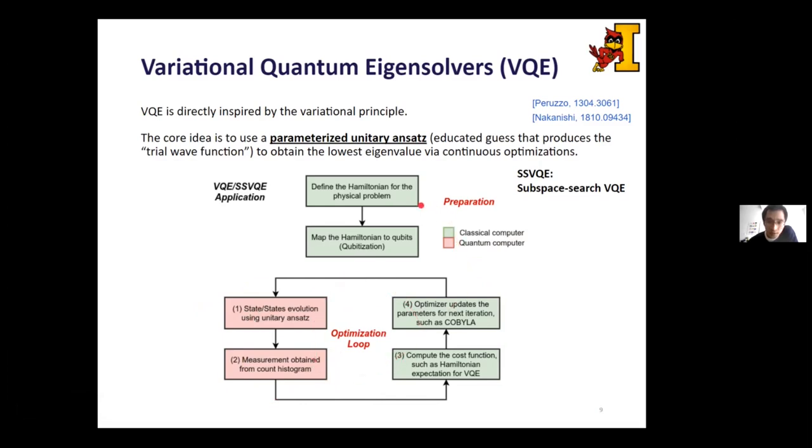In the first part, the preparation of the problem, we define the Hamiltonian for the physical problem, and we map the Hamiltonian to qubits. This part you can do beforehand. In the actual VQE algorithm, in the first step, we use the unitary ansatz to evolve our initial state. This is done on the quantum circuit using various kinds of quantum gates.